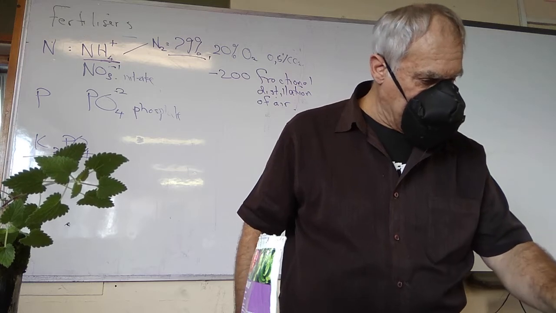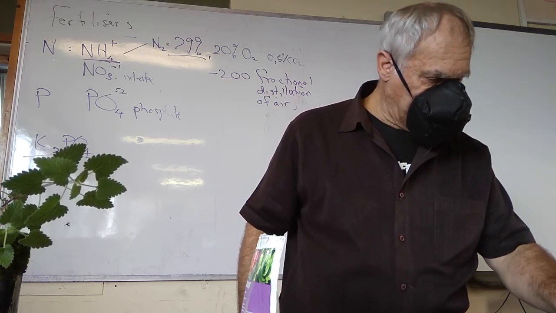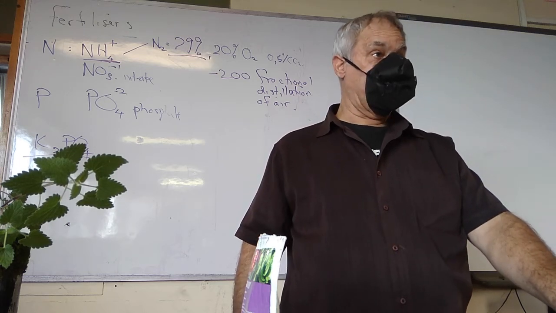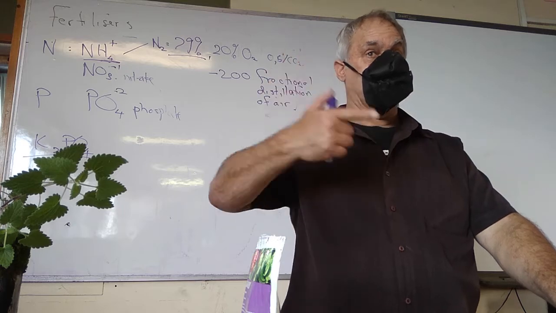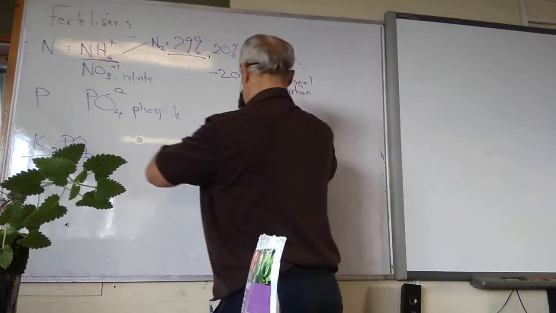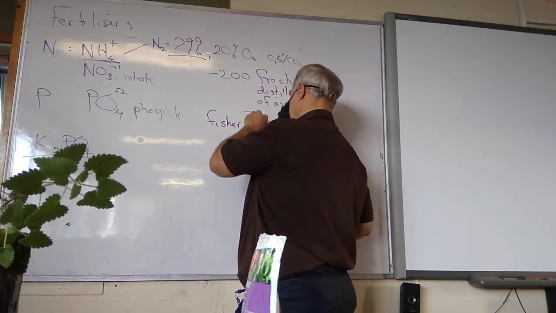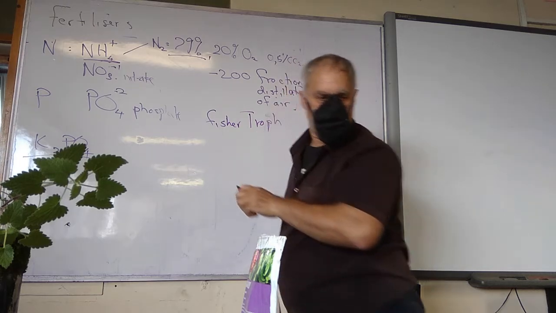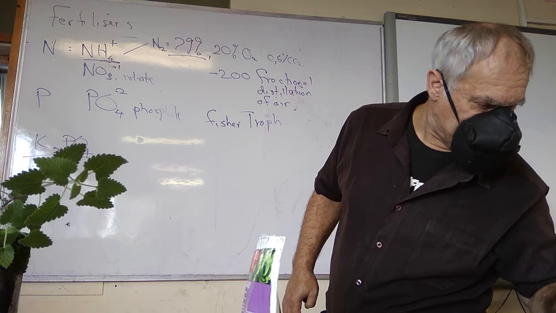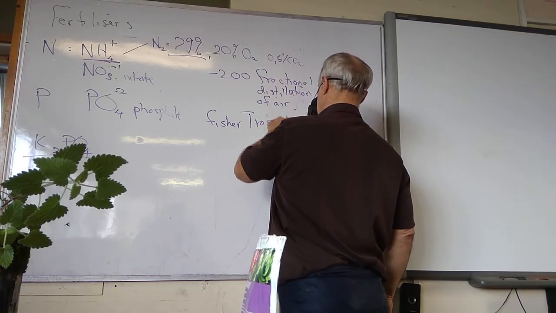That is a name worth mentioning, the way they obtain hydrogen gas from coal. The Fischer-Tropsch process. I can't spell that. T-R-O-P-S-C-H process. So in the Fischer-Tropsch process, they get hydrogen, and in fractional distillation of air, they get nitrogen.